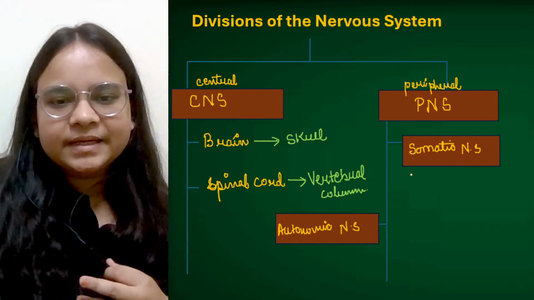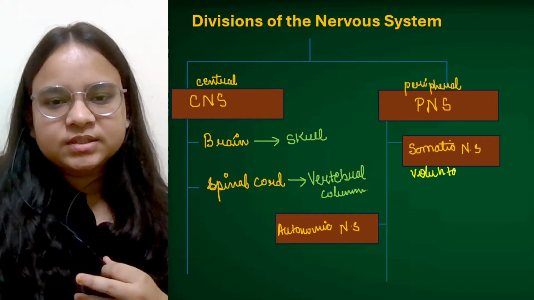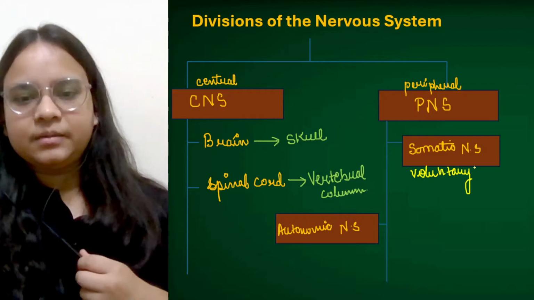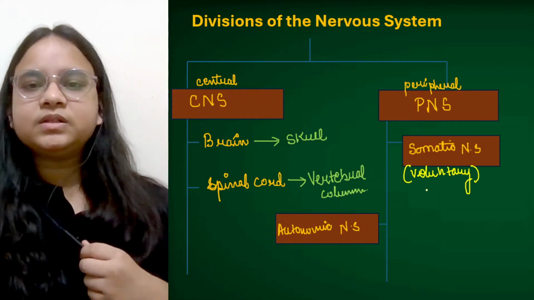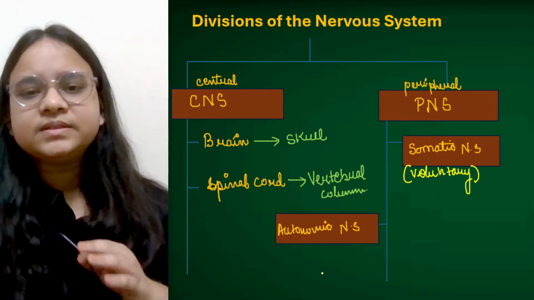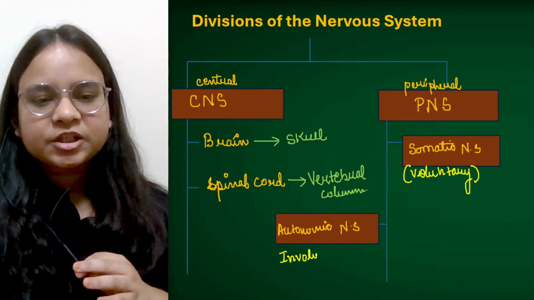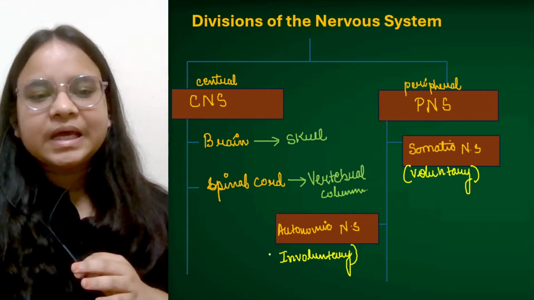So I'm just writing it here. It is associated with the voluntary actions or voluntary movements in our body, or the skeletal system which is involved with the voluntary actions. Whereas the autonomic nervous system is associated with involuntary reactions, involuntary actions in our body.